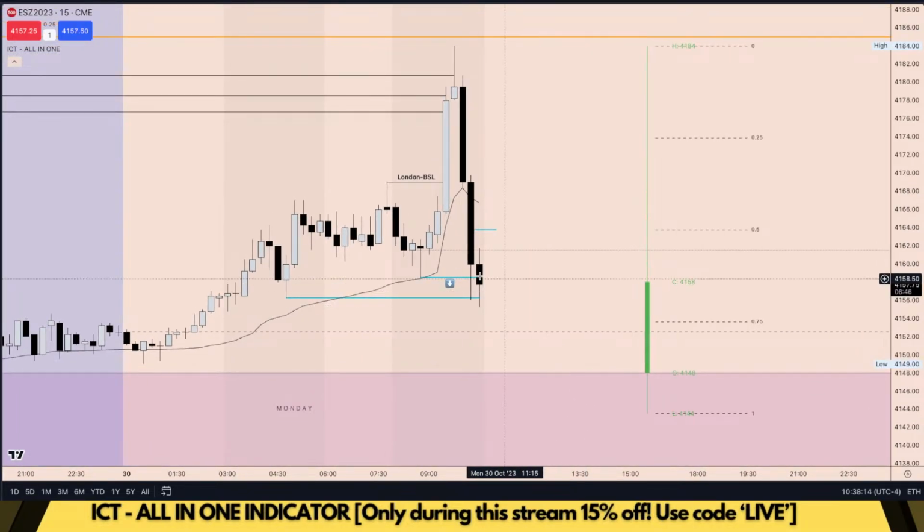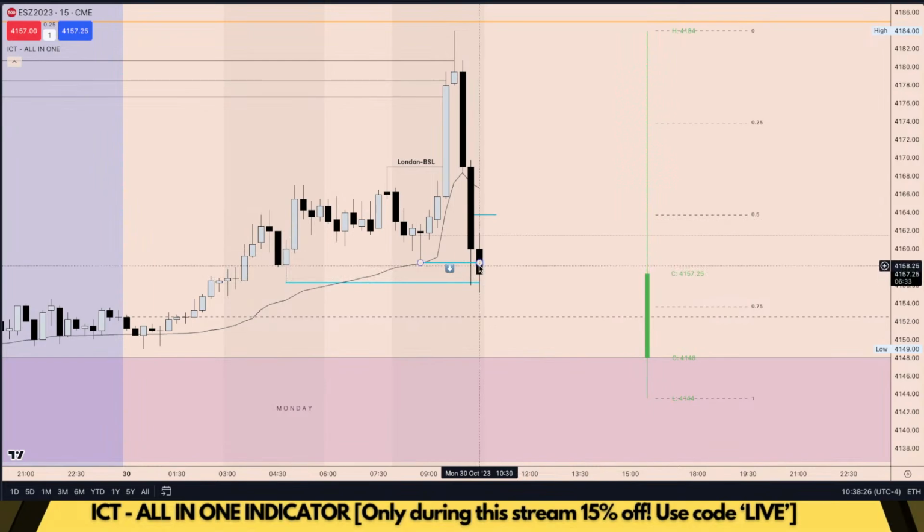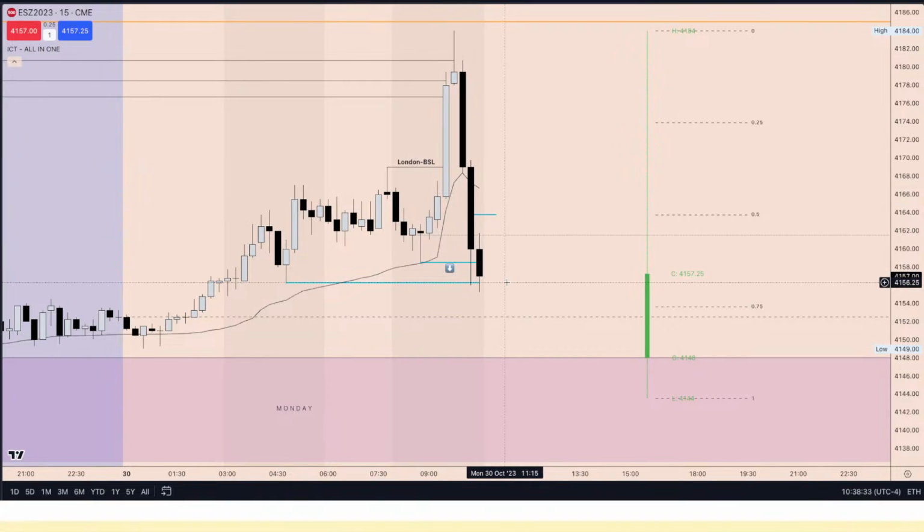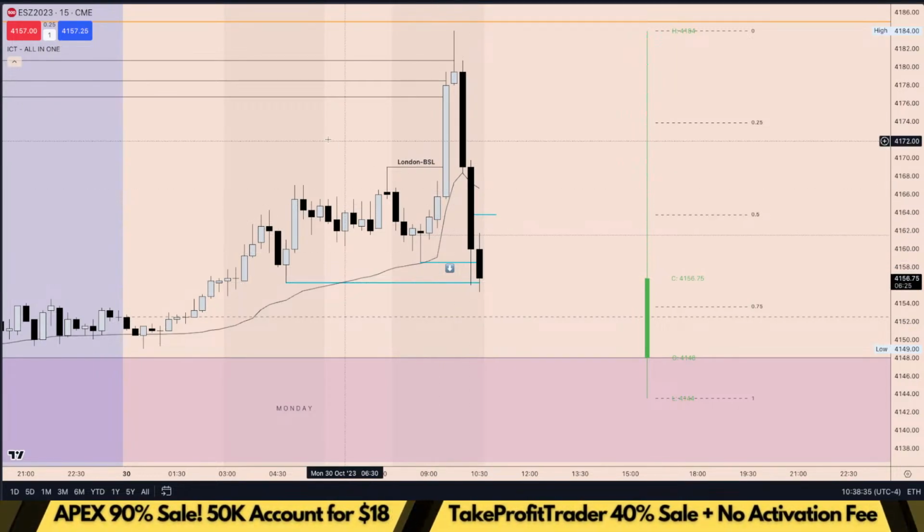Both possible. So for me, until we close below on the 5 and 15, it's still bullish, long term or medium term for today. If we see the close below, confirm market structure shift for me with displacement and bearish fair value gaps, good. Then I'm looking for shorts. Until then, sweep sell side, do the most amount of damage, and reverse back up.